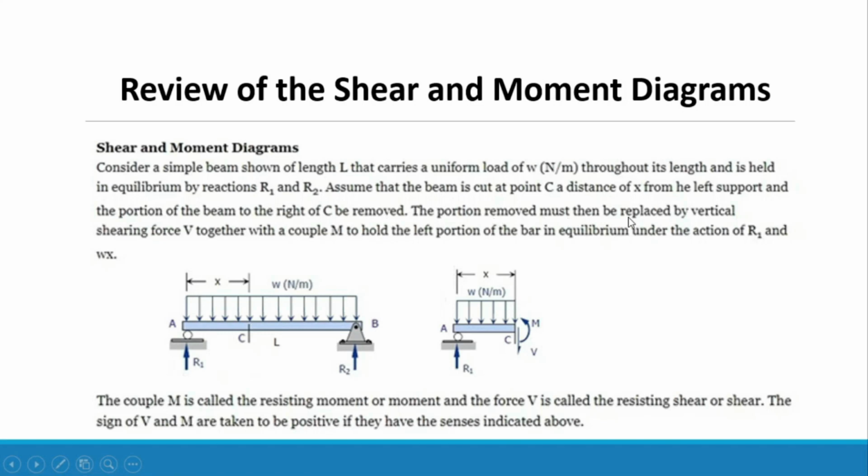The portion removed must then be replaced by a vertical shearing force V, which is opposite to the direction of R1, with a couple moment M to hold the left portion of the beam in equilibrium under the action of R1 and Wx. The couple M is called the resisting moment or moment, and the force V is called the resisting shear or shear. The signs of V and M are taken to be positive if they have the senses indicated above.